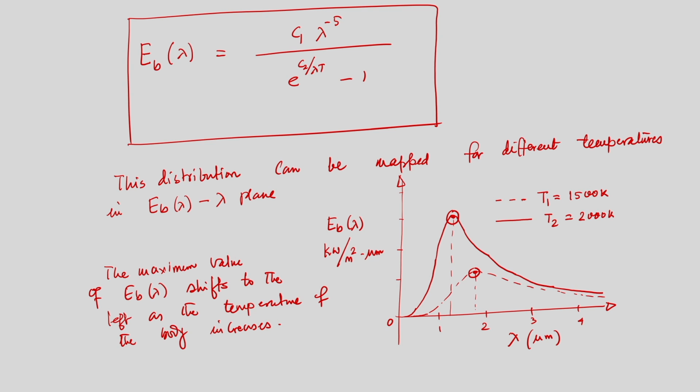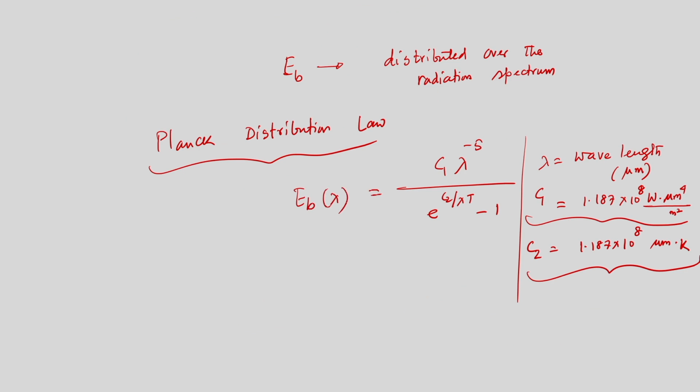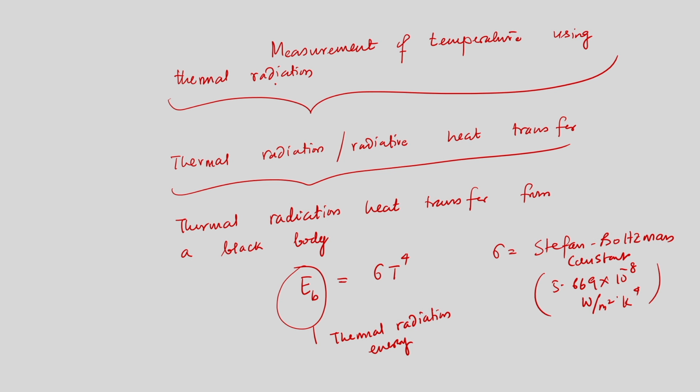That means if we increase the temperature of the body, we will get a thermal energy distribution from the body, and that distribution, as we discussed in the last slide, can be expressed as sigma T to the power 4.